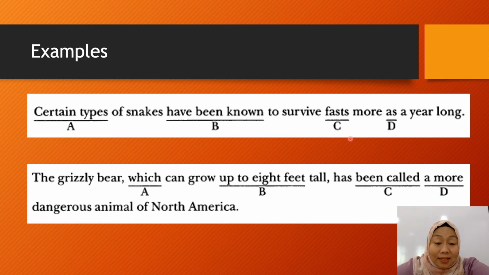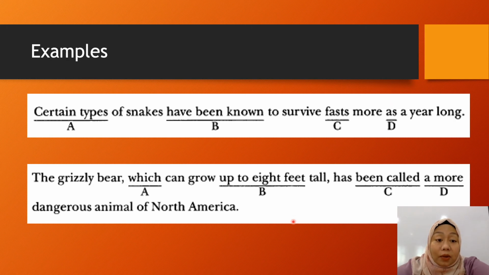Yes, you're right. It should be "more than a year long". So the answer is D. Remember that this is the written expression section, so what you need to find is the one that makes the sentence incorrect.